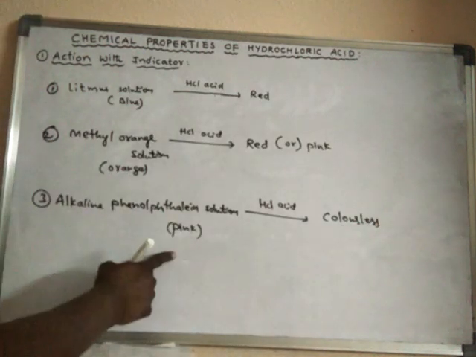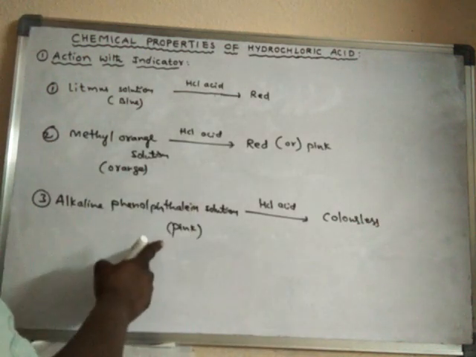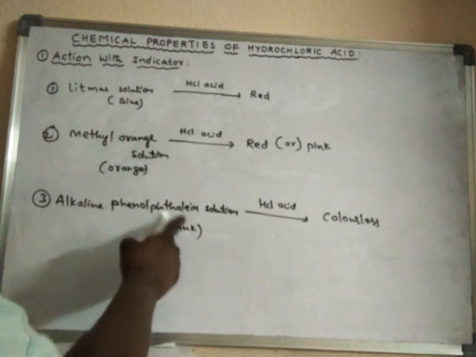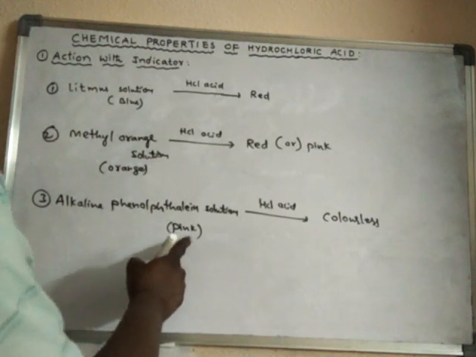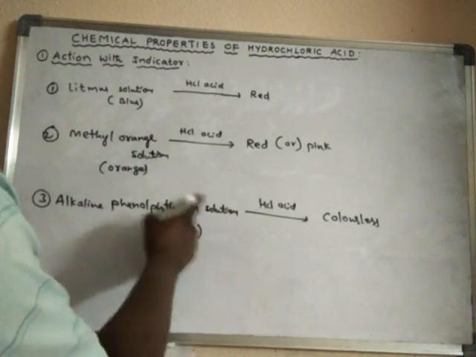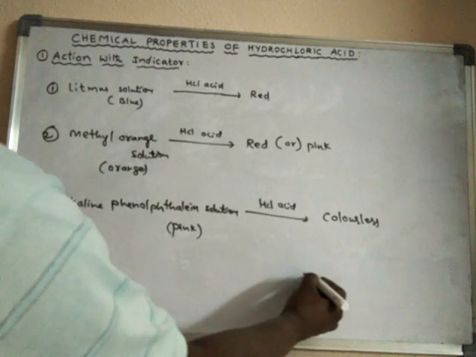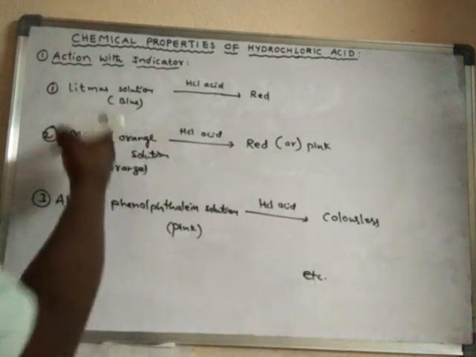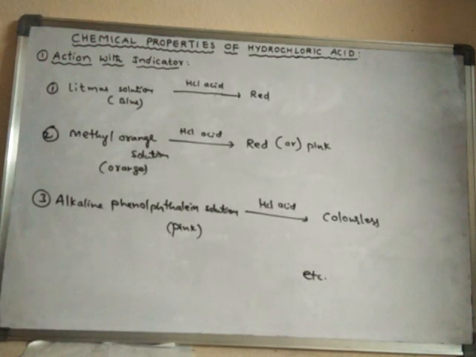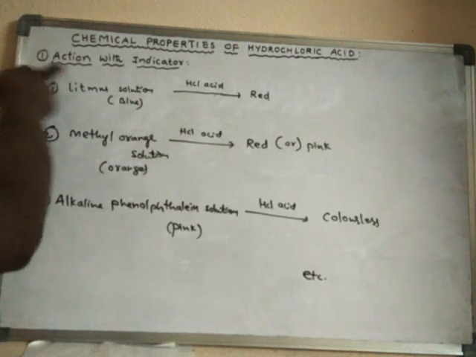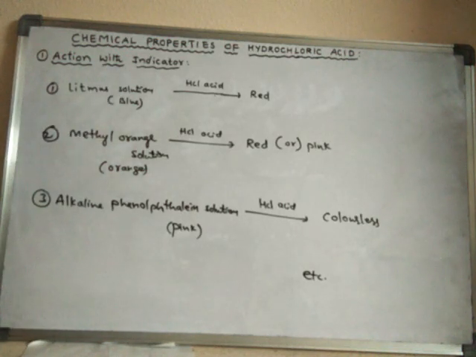The pink color solution of alkaline phenolphthalein turns colorless when HCl is added to it. So mainly these three indicators we'll discuss. Like this, the action with indicator will be.